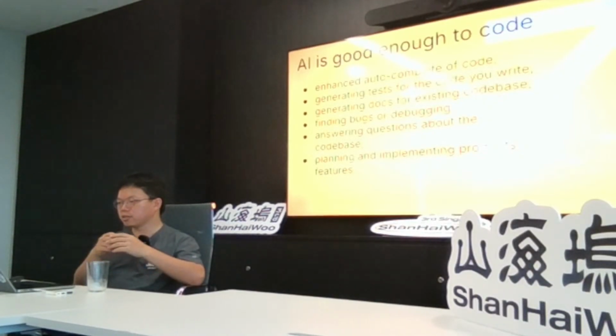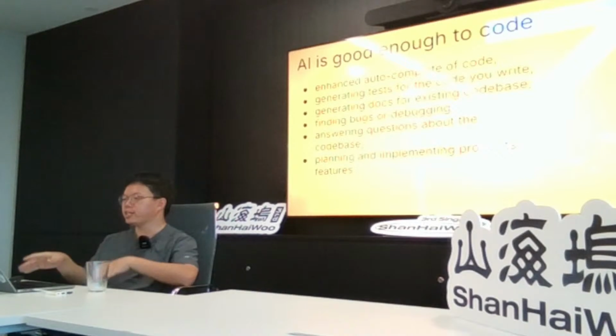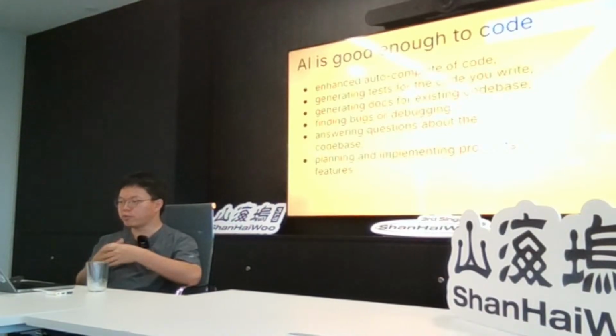This greatly accelerates the speed at which you can iterate, because writing tests is not a very pleasant thing to do in development, but it's necessary for app quality. And with AI generated tests, you can do app development with quality in mind.